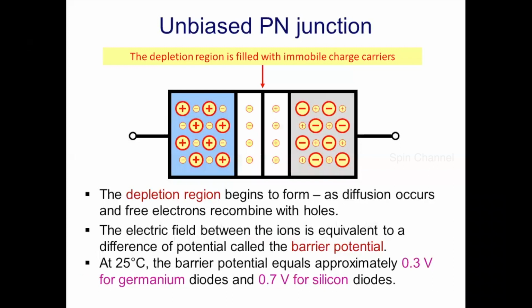So, in summary, an open circuited p-n junction diode has a depletion region at the junction, and it has a barrier potential of 0.7 volt for silicon and 0.3 volt for germanium.